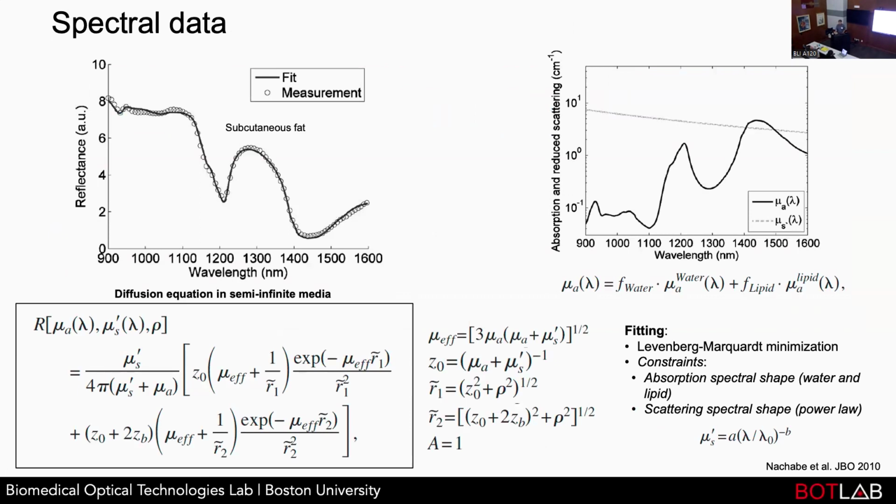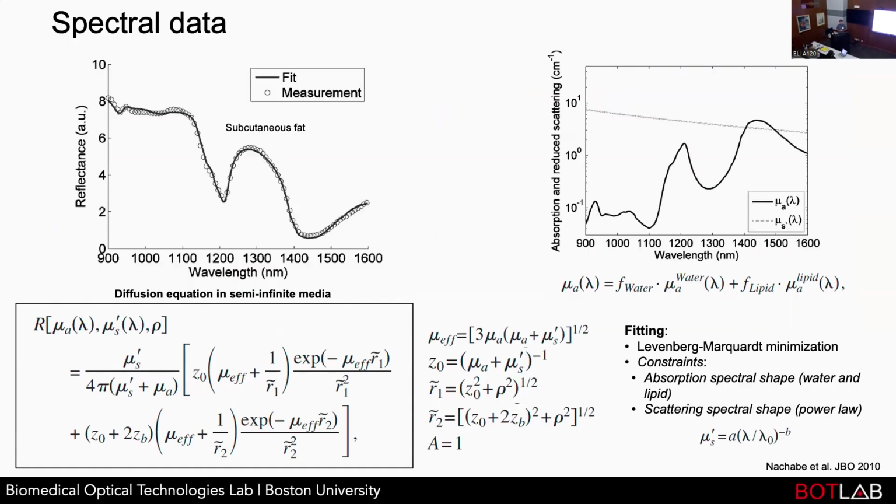I think traditionally, groups recover mu S prime and mu A at each wavelength. And you showed the matrix equation of how you can get mu A at a given wavelength, that's the linear sum. So I just wanted to get your thoughts about those two ways of doing things.